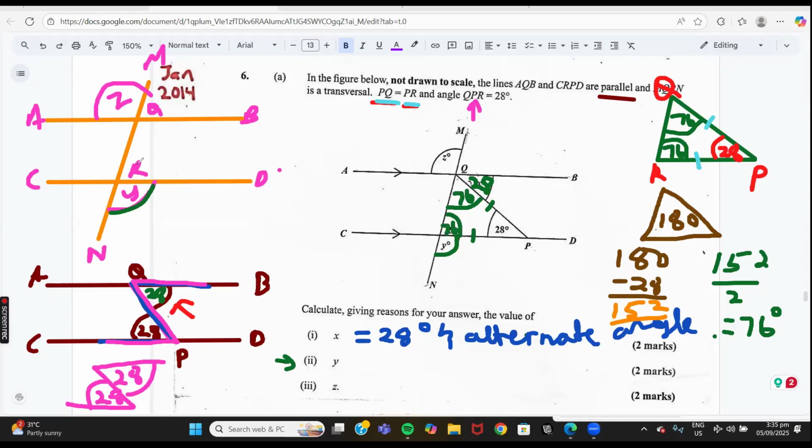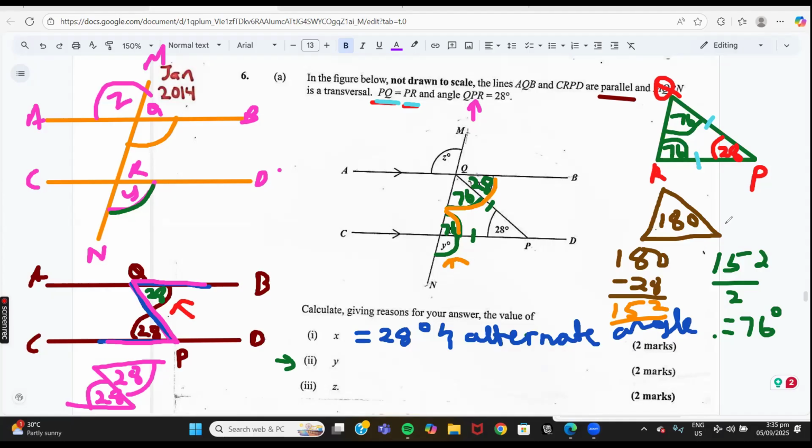If you want to put it on your sketch diagram also, the only trick here is that these two angles together with this angle form the interior angle. So if I want to write this angle over here, I'll have to add these two, but I'll come back to that just now. What angle are we trying to find? Y. So now it's easy to find Y. What is the size of angle Y?